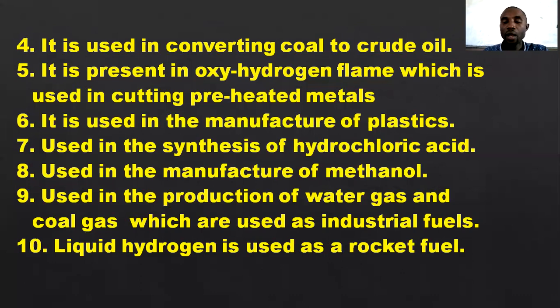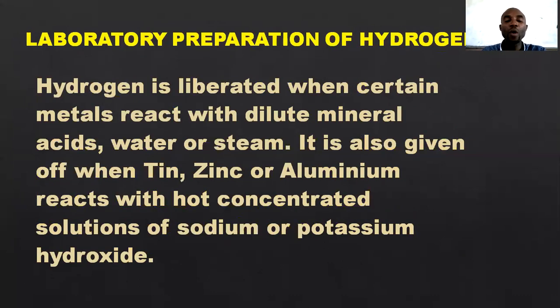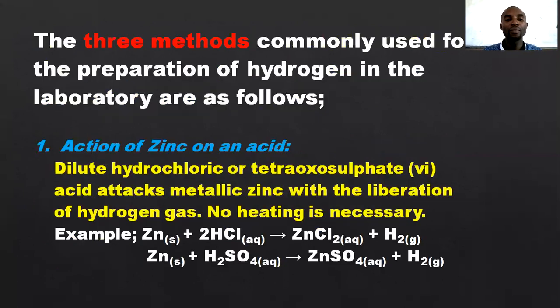And that is it. Now, how can we prepare this? We can prepare it in the lab in several ways. Number 1 is that we prepare it when a metal reacts with a mineral acid, which could be hydrochloric acid, HCl, or nitric acid, and hydrogen will be given off. Now, let's take 3 methods that we use in preparing it.